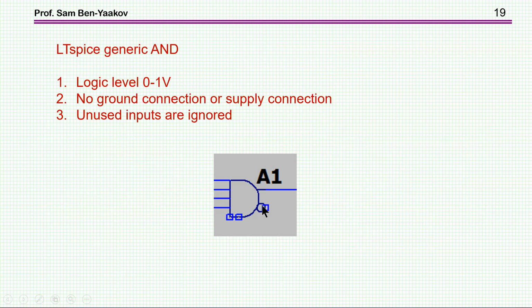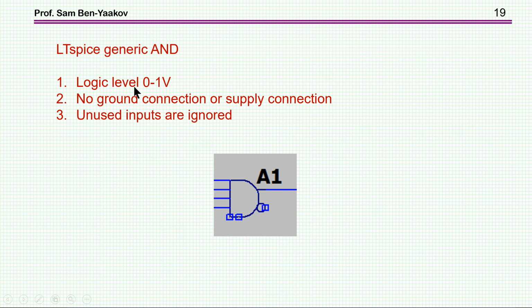Now let me say a few words about the LTSpice simulation that I'm going to show. I've used a generic AND or NAND gate that they have in LTSpice. I didn't find a model for a real device, so I'm using this generic thing. It's kind of a strange thing.